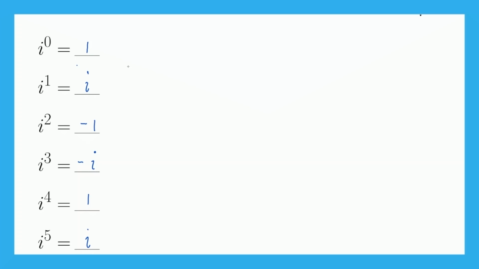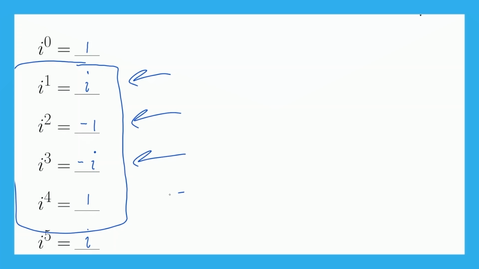Okay, now you'll notice that when we have i to the power of 1, i to the power of 2, i to the power of 3, and i to the power of 4, these four answers right here, i, -1, -i, and 1 are the only possible four answers that we could get when we simplify i to the power of any arbitrary number.